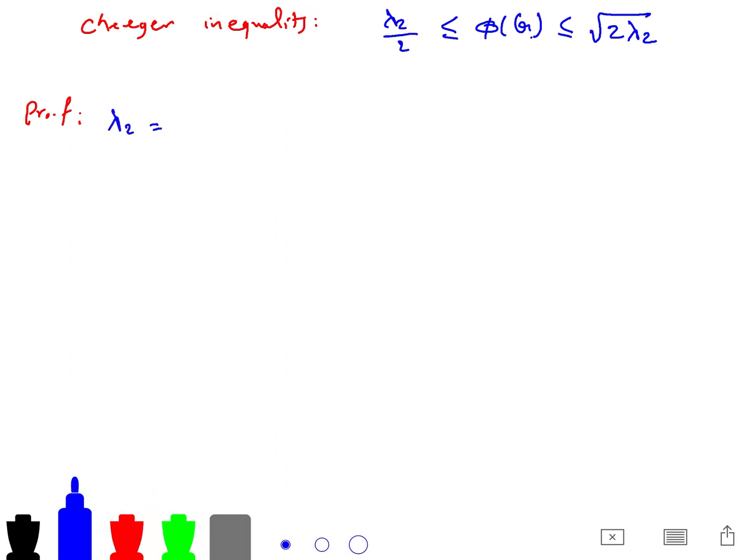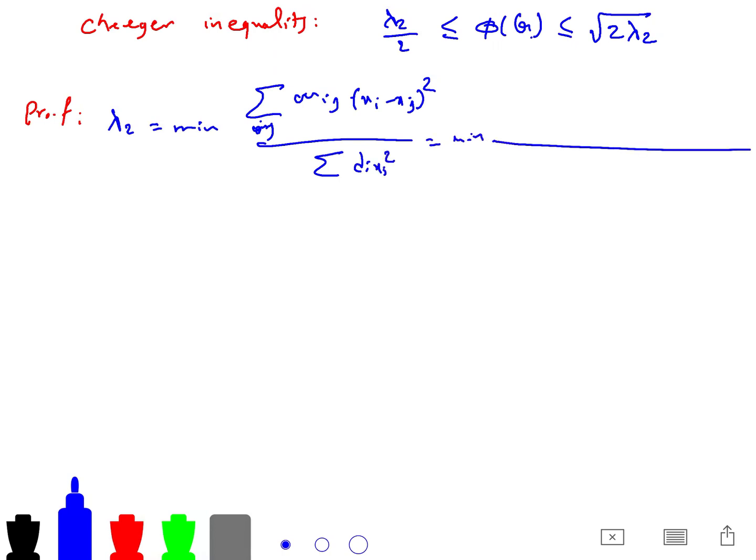You say that lambda 2 is the minimum of the sum over all ij of omega_ij (x_i minus x_j) squared over the sum of d_i x_i squared, which is the minimum of omega_ij (x_i minus x_j) squared. Here x was in R^n and x is orthogonal to D.